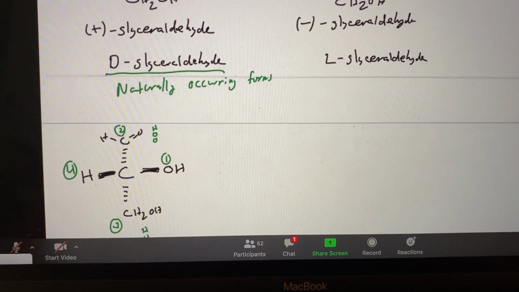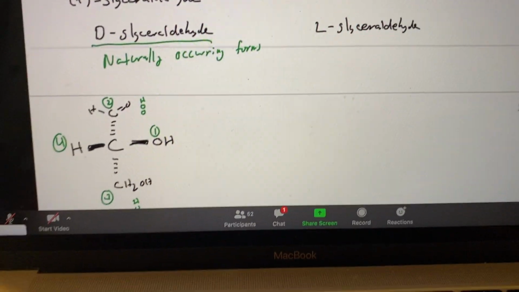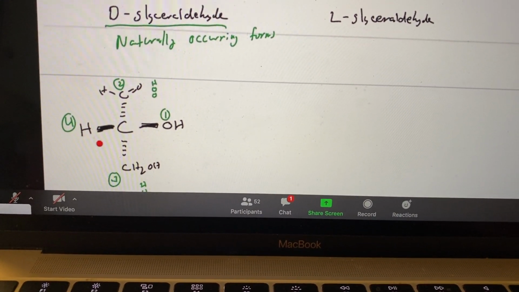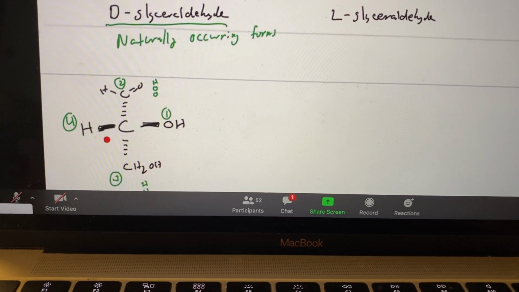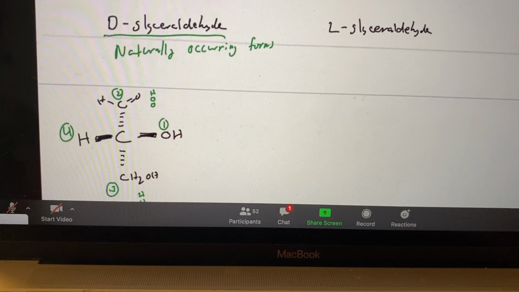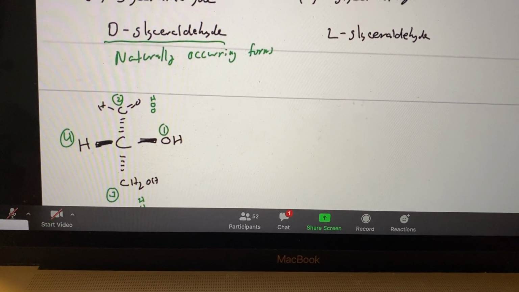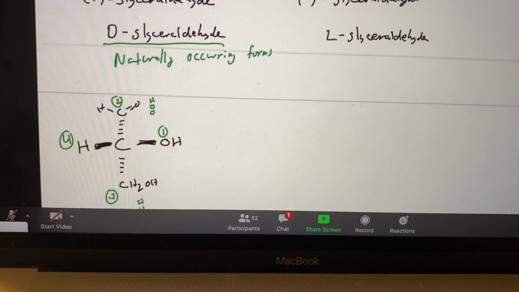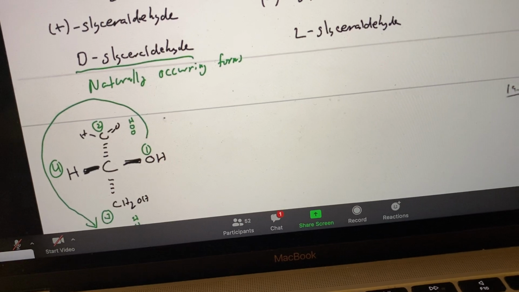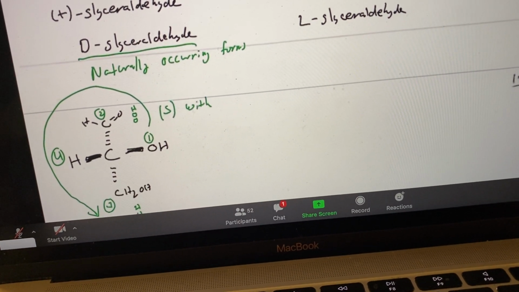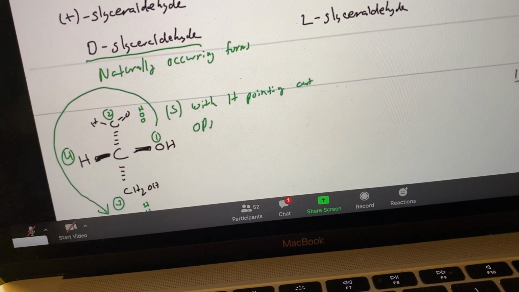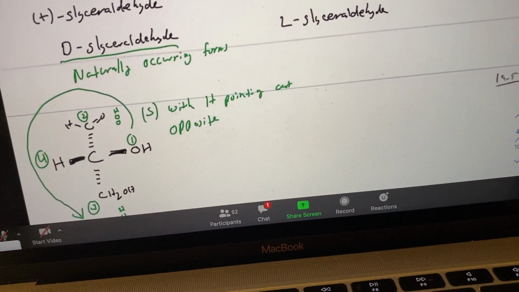This is where you can use a little trick to get the R/S stereochemistry. Notice here, the lowest priority is actually coming out at us. So really what this means is we're going to end up getting the opposite stereochemistry if we use this structure. But what you do here is you just, in an imaginary sense, go through and say, okay, 1, 2, 3, it's going this way. So that would be S, with the H pointing out, which means I'm getting the opposite assignment.